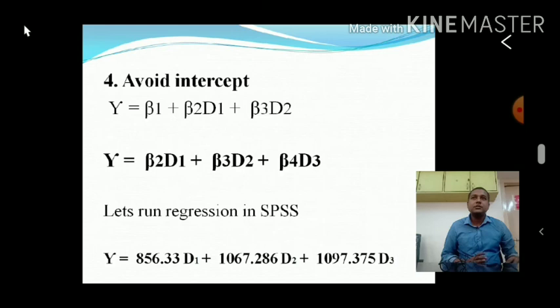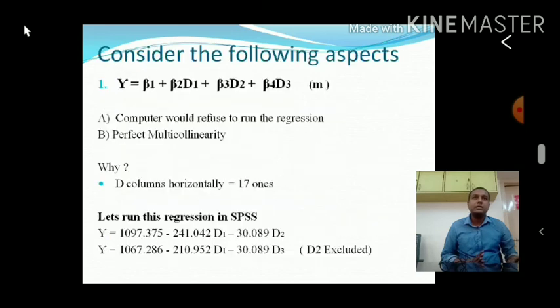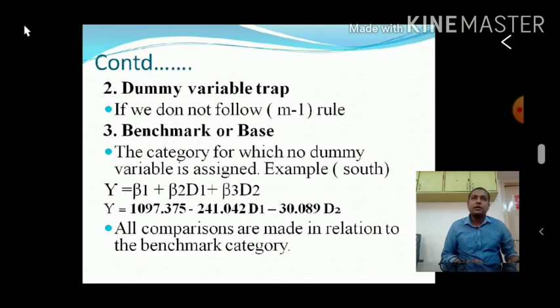So there are 5 things that we have to keep in our mind. One is that the m categories should not be equal to the number of dummies. Second one, dummy variable trap. If we do not follow the m-1 rule, we will end up in the dummy variable trap. Third, benchmark or base. The category for which no dummy is assigned is called the benchmark or base.